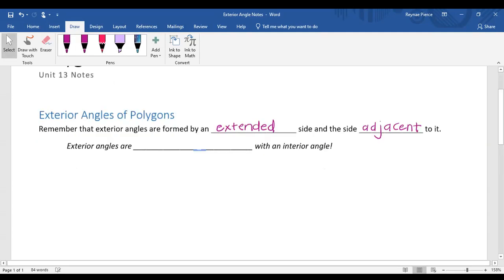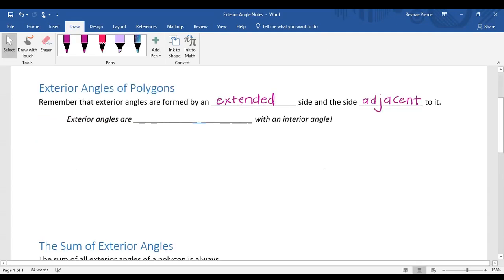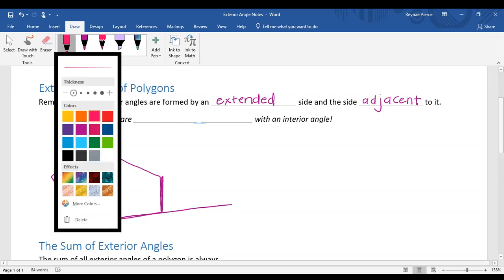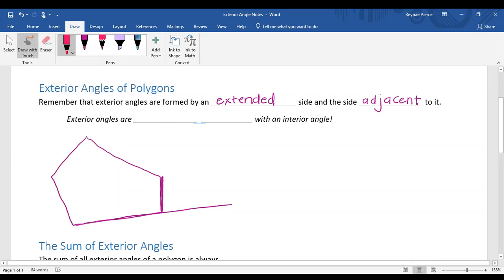Okay, so for instance, let me try to draw a pentagon. Doesn't have to be a regular pentagon. Here if I take this side and I extend this side and then use this adjacent side, the exterior angle is going to be that angle on the outside of the polygon formed by that extension and that adjacent side.